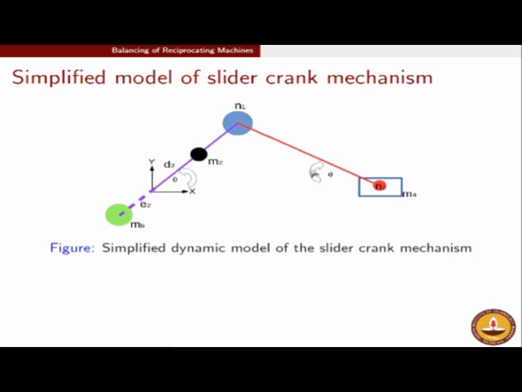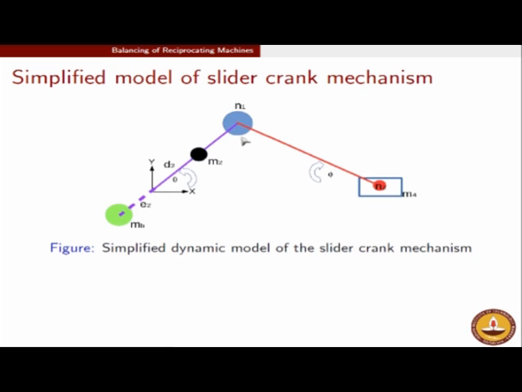But this time we are taking a simplified representation of the connecting rod, which means the red line is actually massless. The entire mass is apportioned at the big end and at the small end. So at the big end you have this mass N1 sitting, and at the small end you have the mass N2 sitting. So this connecting rod is massless.